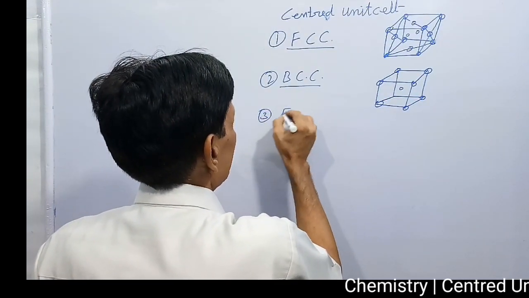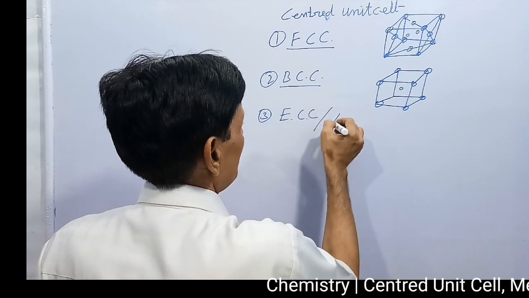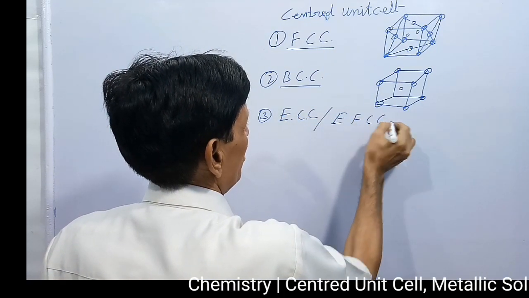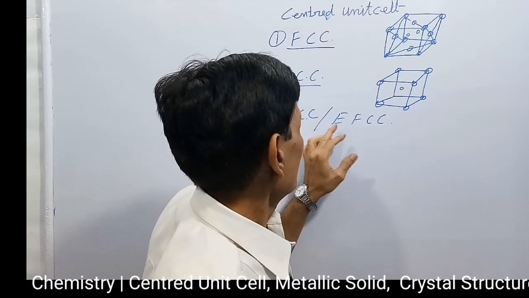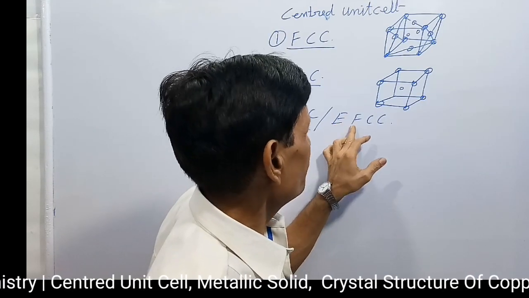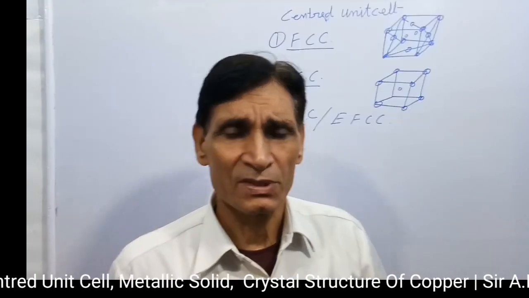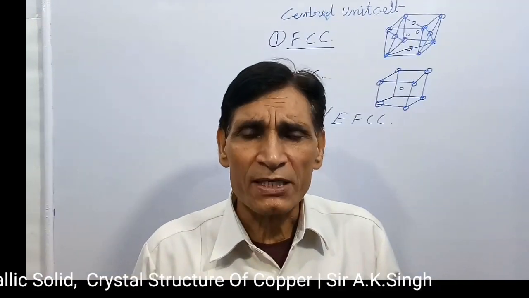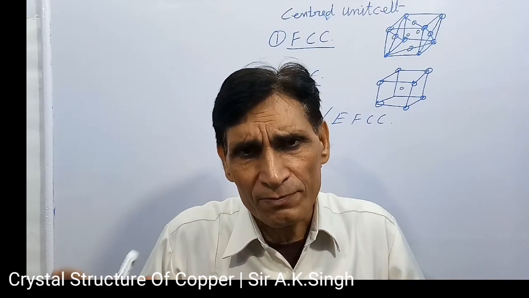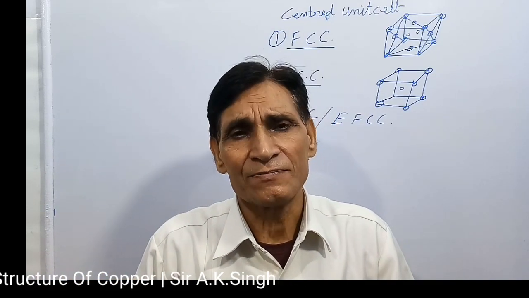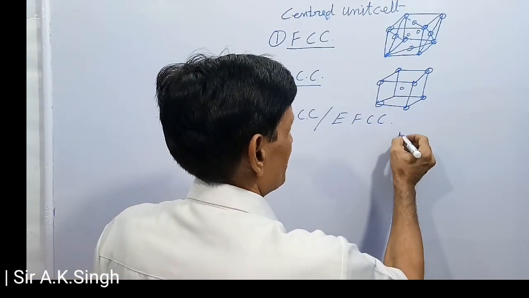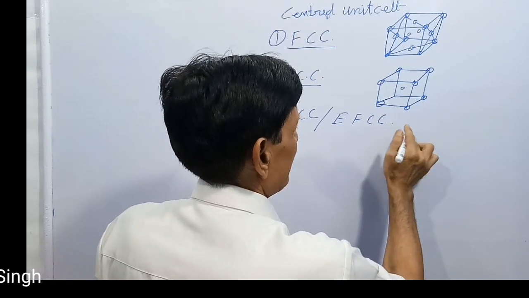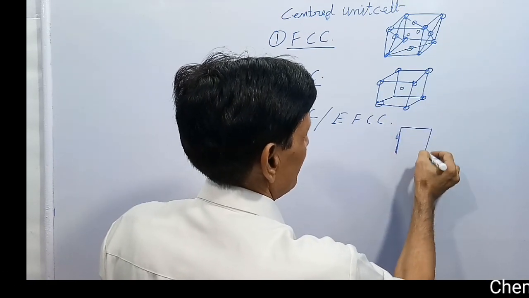Number 3, end centered or side centered arrangement, the end centered cell or end face centered cell. Now here, what is this? In addition to the constituent particles at the corners of the unit cell, there is one particle at the center of any two opposite faces.